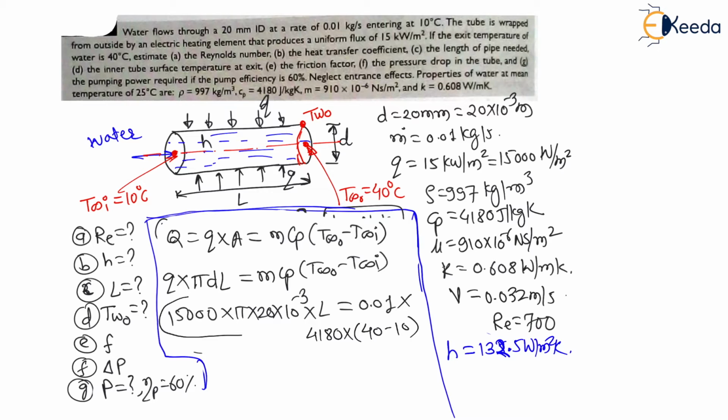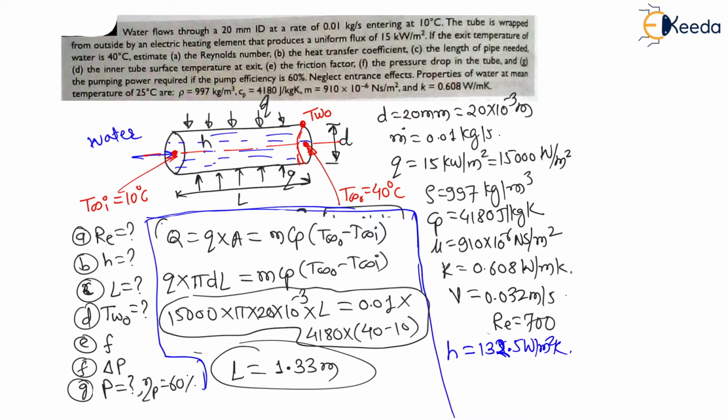Now, my dear students, in this complete equation, only the length of pipe is unknown. So let us solve this equation for length of pipe. If I calculate, I will get length of pipe as 1.33 meter. This is your third question, and this answer is again required later. So let us write: length of pipe is 1.33 meter.